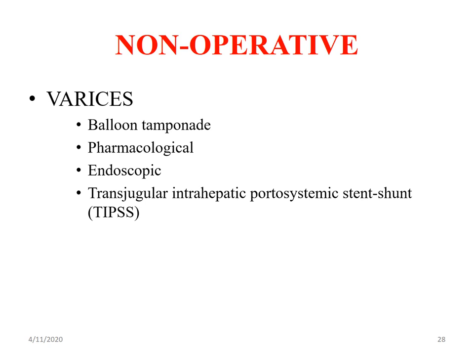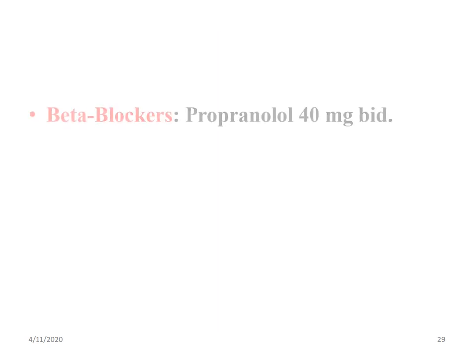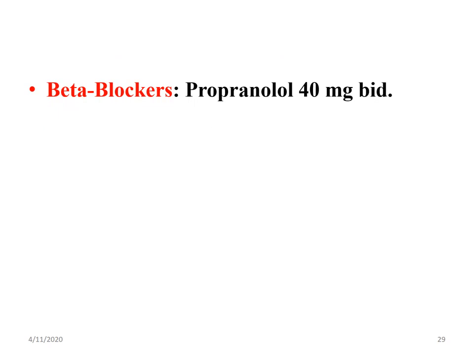Sometimes in patients with severe portal hypertension, we use a transjugular intrahepatic portosystemic stent shunt, TIPS.